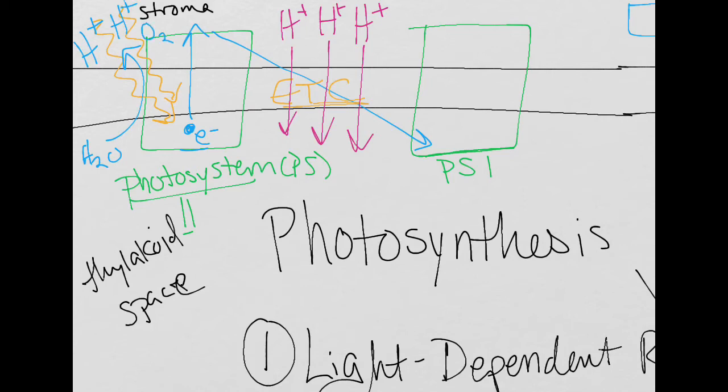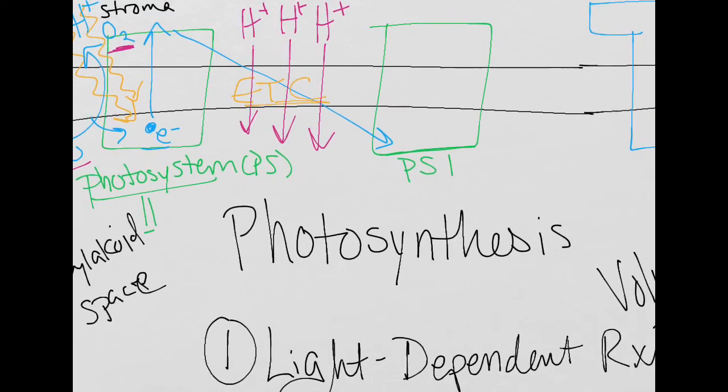Okay, so oxygen gas is created in one of the very first steps of photosynthesis, and also water is used. And that ultimately will replace our electron. So we're always going to have an electron coming in, and that's one of the reasons why plants really need water, to have electrons going through the photosystems.